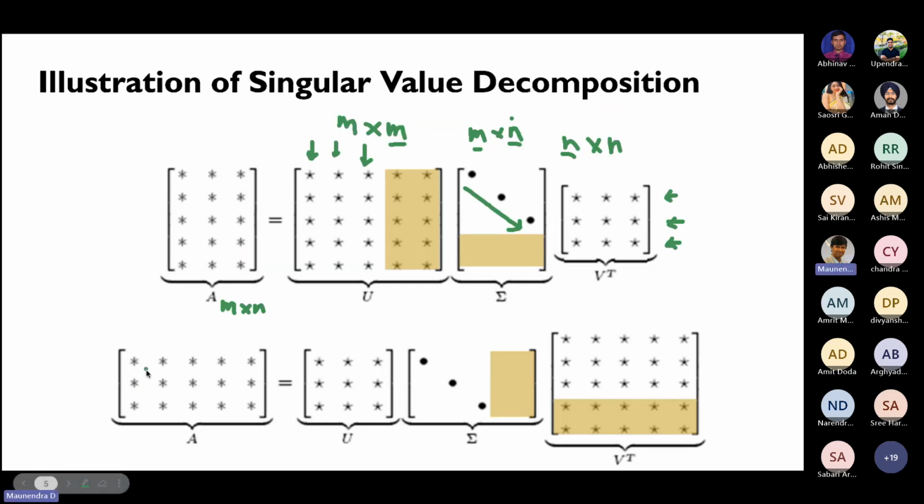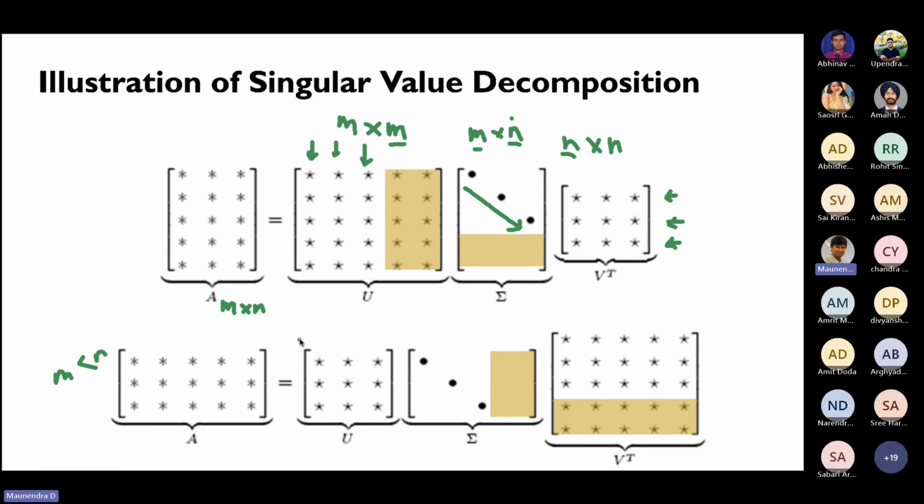Okay. Now, we said that A can be square or rectangular. If it is square, fine, everything will be m cross n here. Now, this is the rectangular case where there are more rows than columns. On this one, it has more columns than rows, right? M less than n.